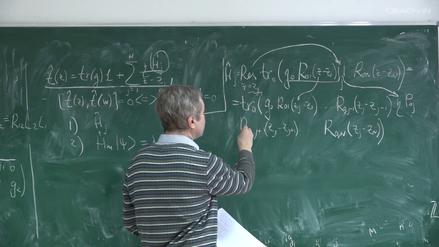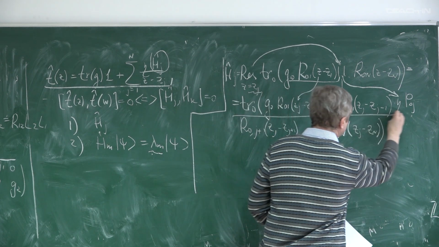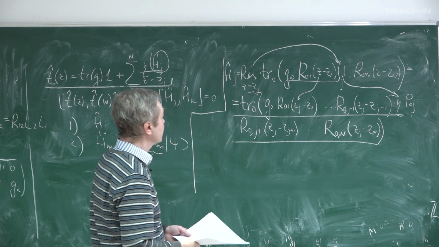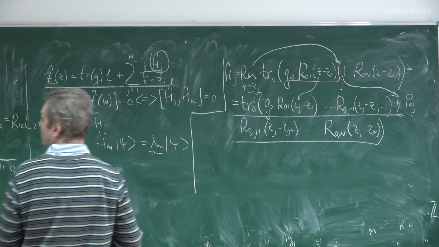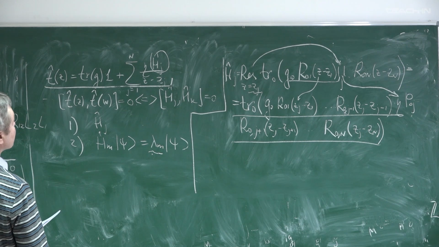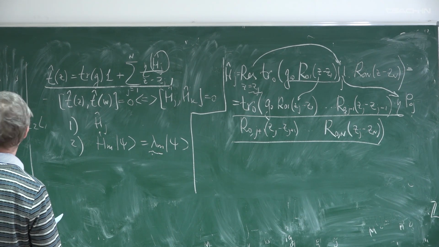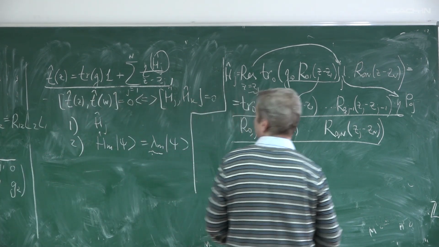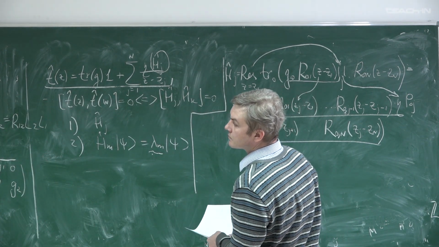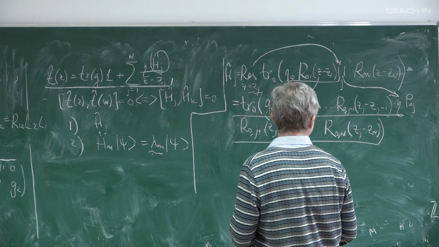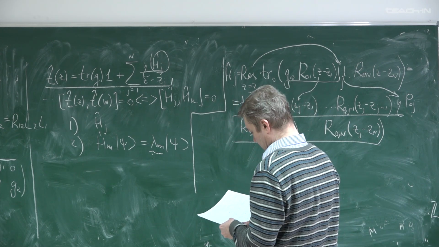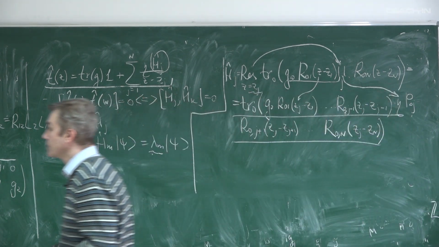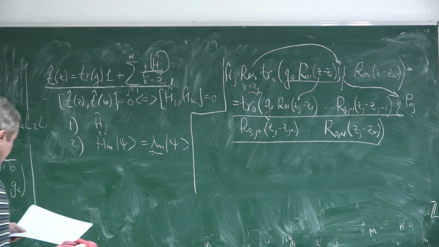So now we are looking at this expression and we want to calculate it. What do we mean by calculation? Maybe I should divide it by eta in order not to have it here.